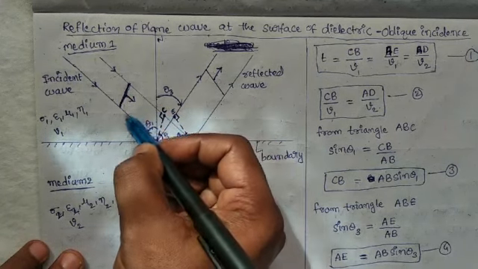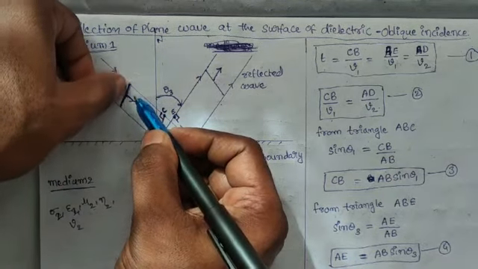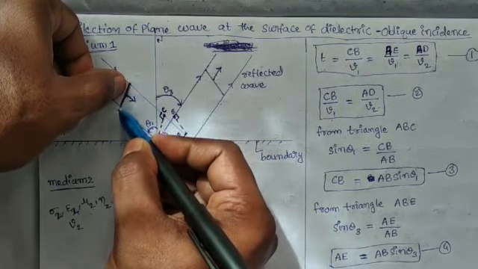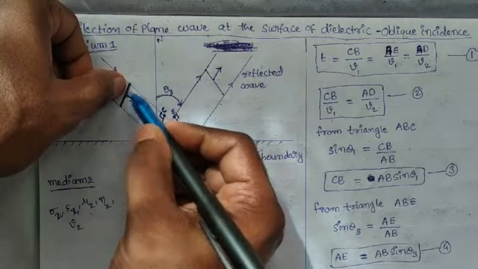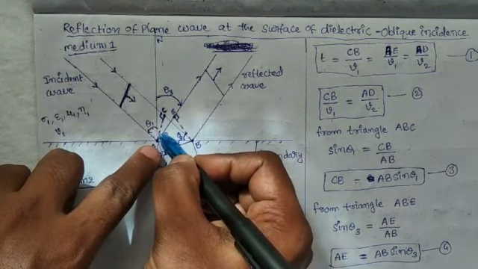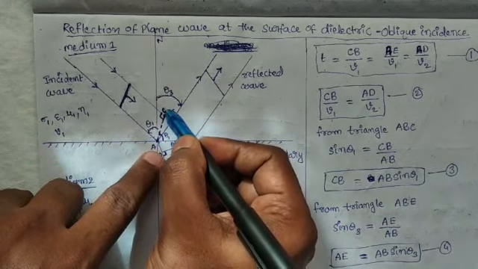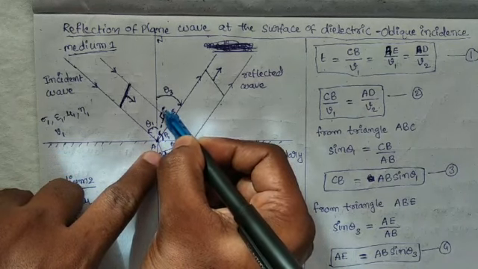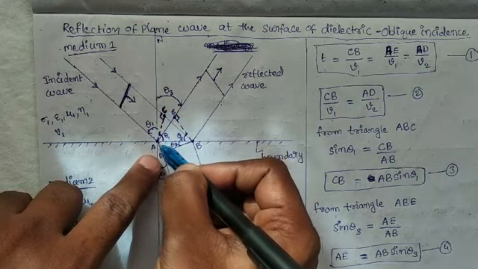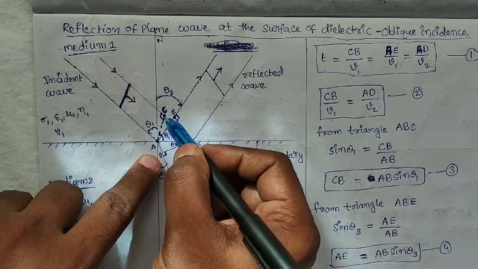Simply, we draw a line parallel to the incident wavefront, as shown in the figure, represented by a dotted line. This is AC, taking this point as C. This AC is called the incident wavefront.